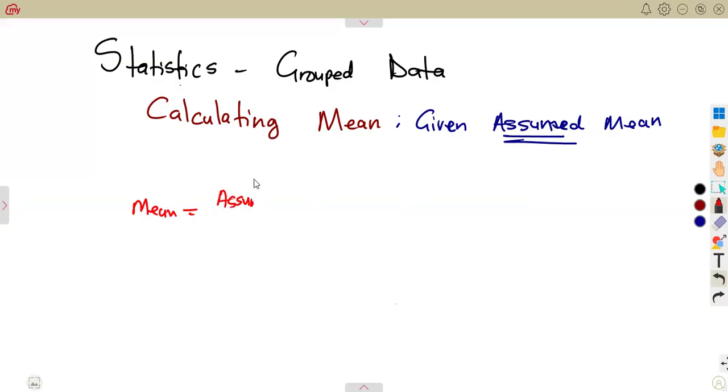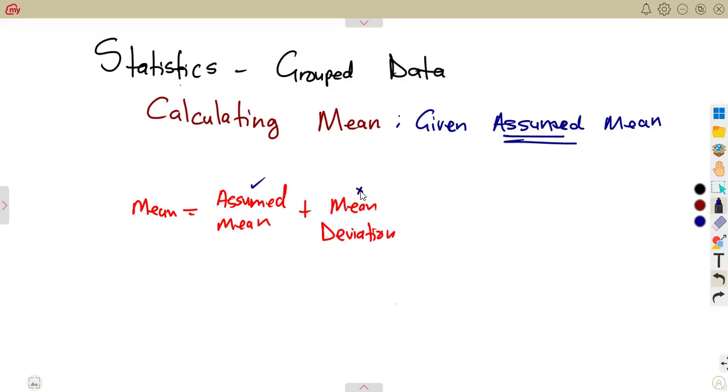So we are going to use this formula: the assumed mean plus the mean deviation. So assumed mean is something that you're already given.